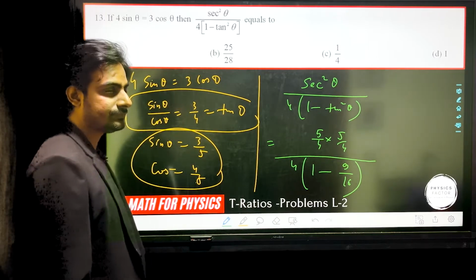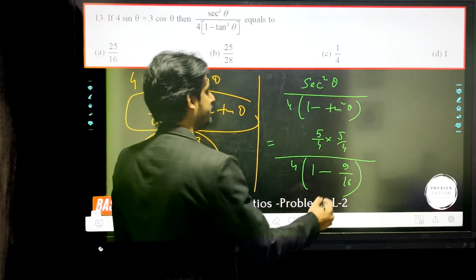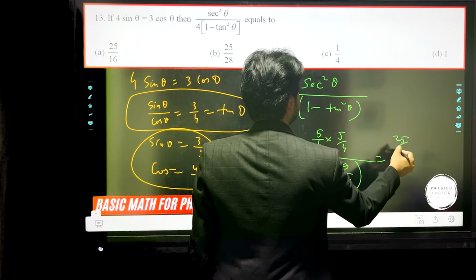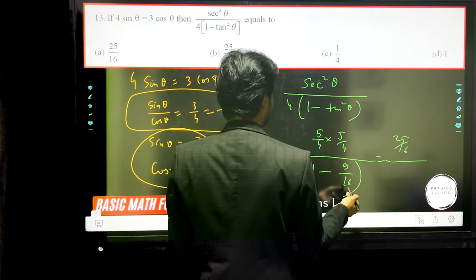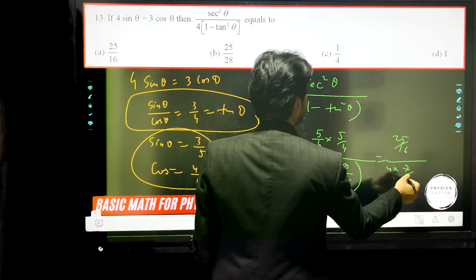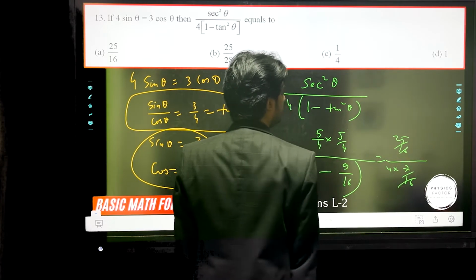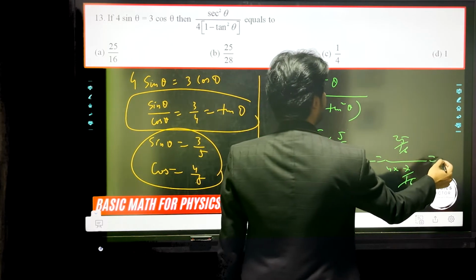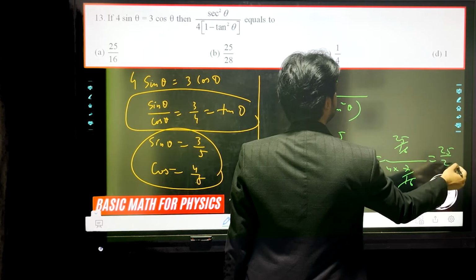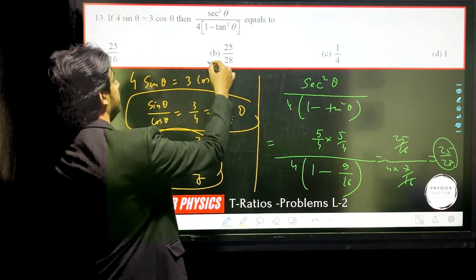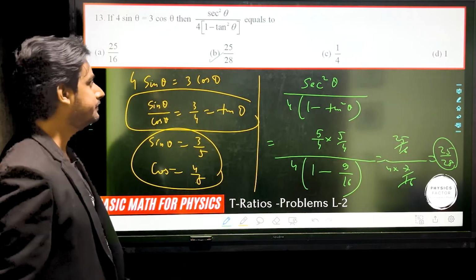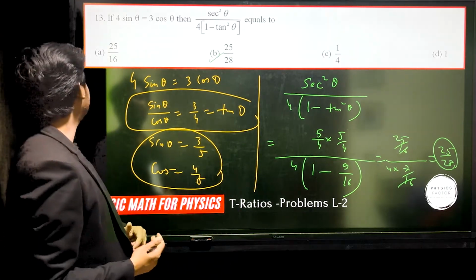Let's simplify it. So 25 over 16 upon, this is 7 upon 16, 4 into 7 by 16, 16 cancels. So 25 by 28. Any option? Yes. Okay. That's question number 13.